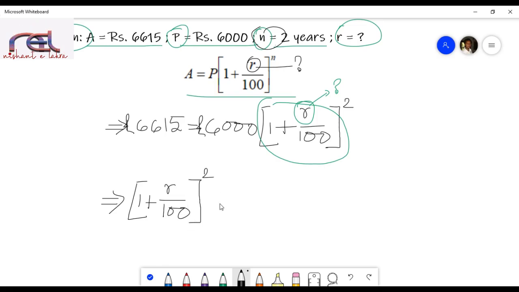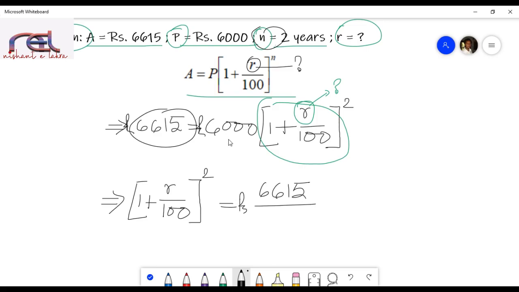So 1 plus R by 100 to the power 2 is equal to, just like you see in the equation here, 6615.